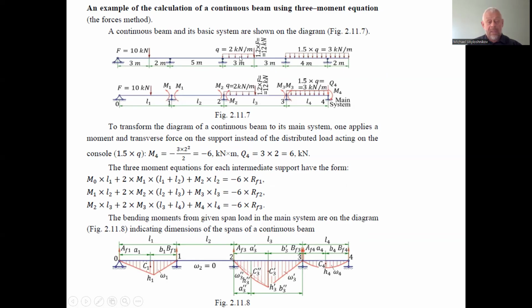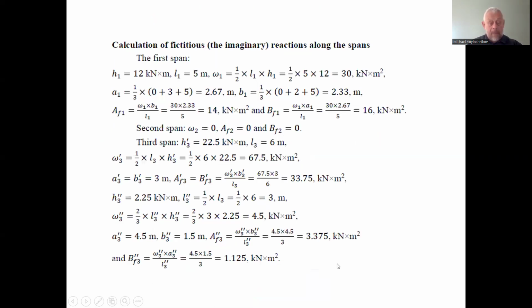We see that the center of action of the distributed load from the left is 1.5 meter, from the right is 3 plus 1.5, that's equal to 4.5 meter.